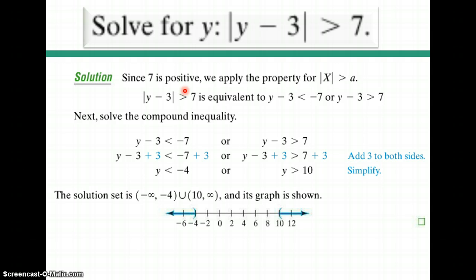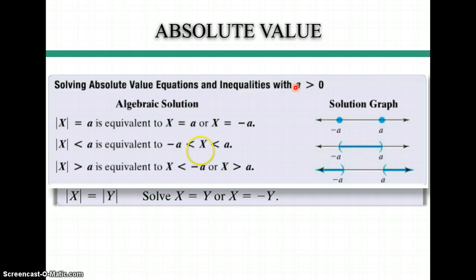Solve for y. Absolute value of y minus 3 greater than 7. Look at the properties of absolute value. Absolute value of x greater than a is equivalent to x less than minus a or x greater than a.